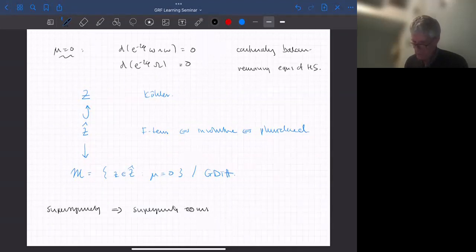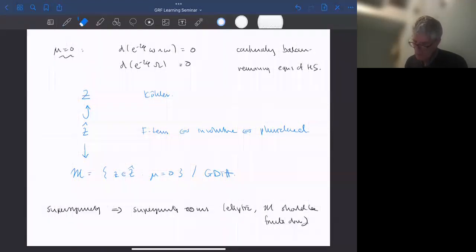These are elliptic, so you'd expect M to be finite dimensional.